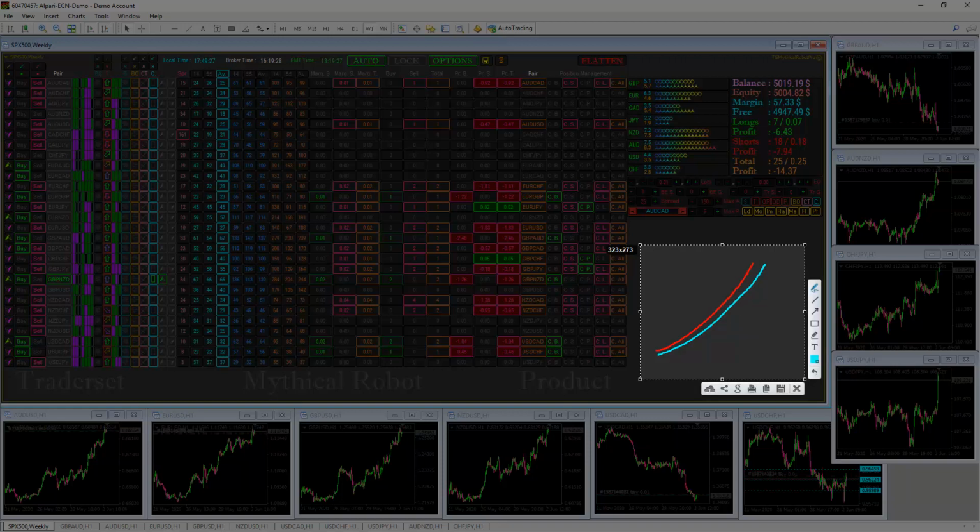Well, we are not living in an ideal world, so your equity will be like this. This is what we call breathing equity. It will go below, then it will get closer to your balance, then more positions will open or fall below, then they get profit and it will get closer.